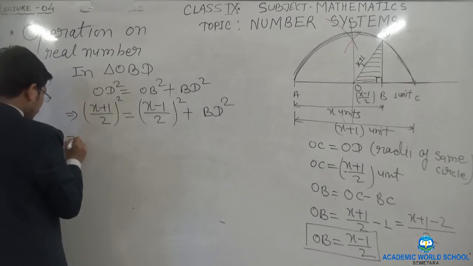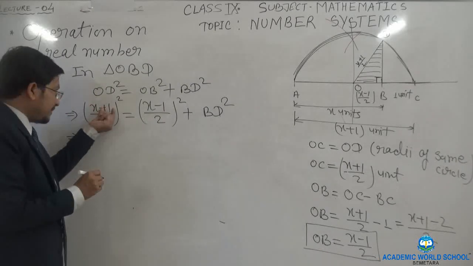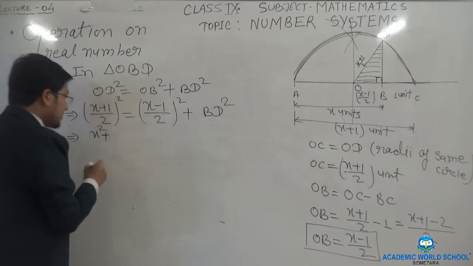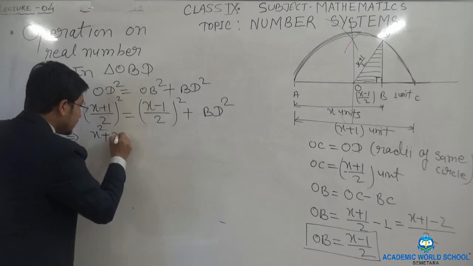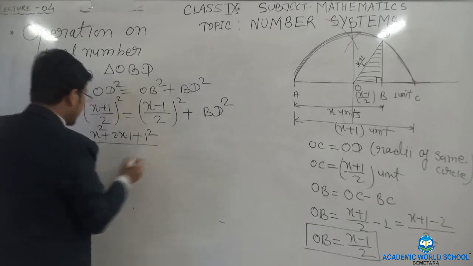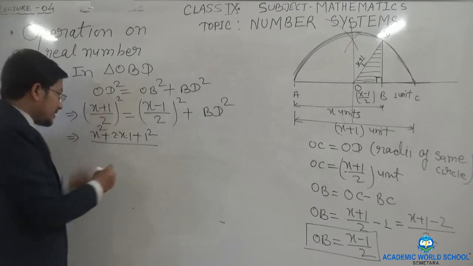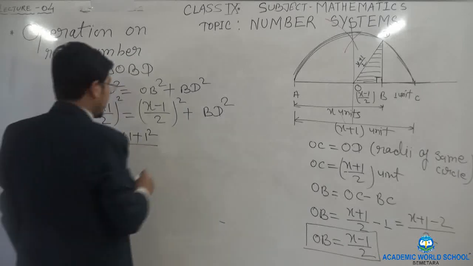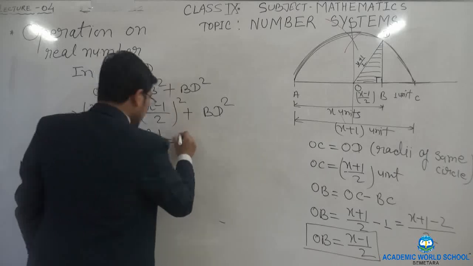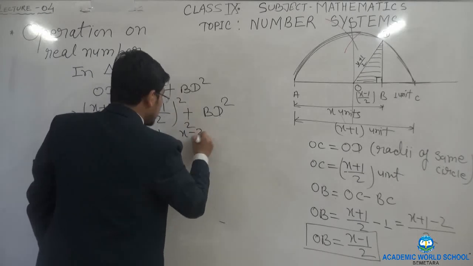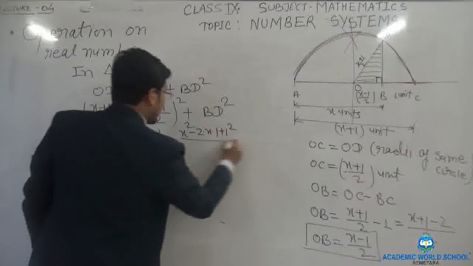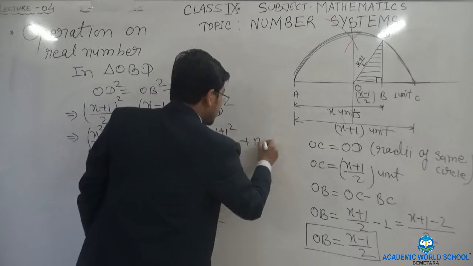We apply the formula for a plus b whole square: a square plus 2ab plus b square, so x square plus 2x plus 1 upon 4, since we square the denominator 2 also. Then x square minus 2x plus 1 upon 4, plus BD square.